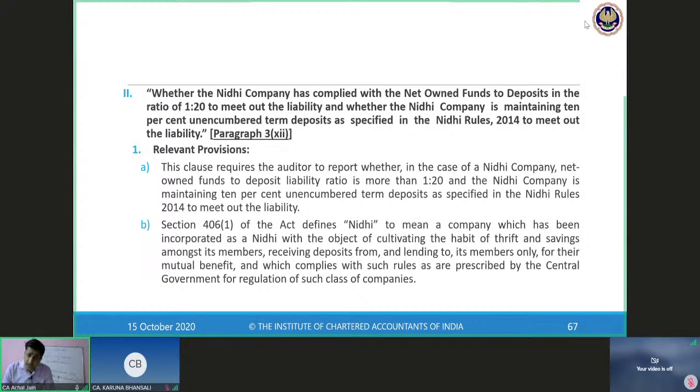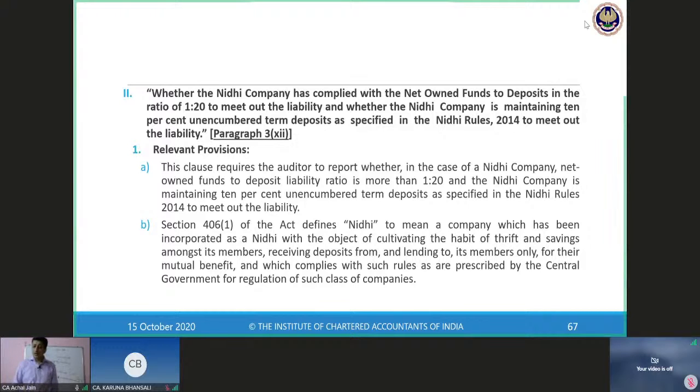Means against their deposits, their net earned funds should be 1:20. Why? To meet out the liability. And whether the Nidhi company is maintaining 10% unencumbered term deposits to meet out the liability. Okay, so this is the second requirement which they need to have.